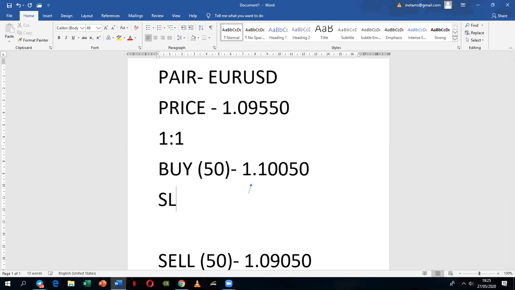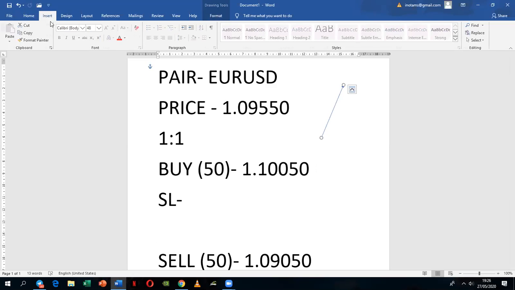What's the stop loss? SL stands for stop loss, okay? So what's the stop loss here of 50 pips? This time, since we're buying, notice that our target is going to be up. It's going to be up in the chart, all right? You'll have a chart and your target will be up, okay?